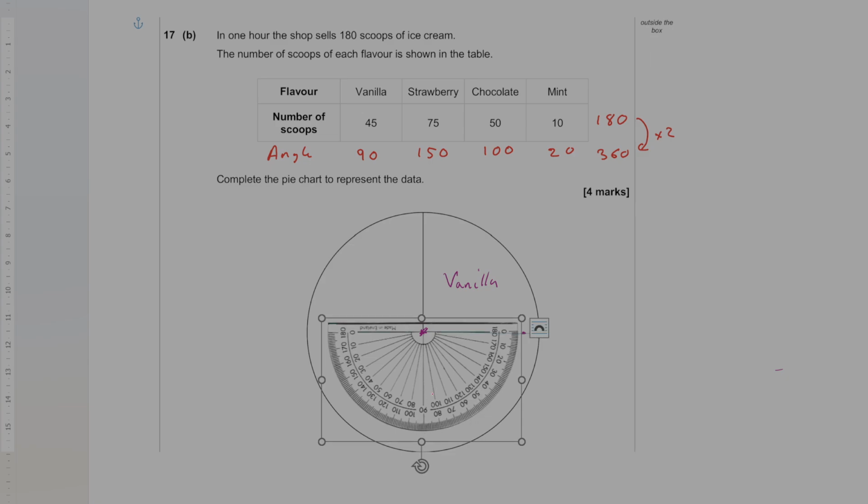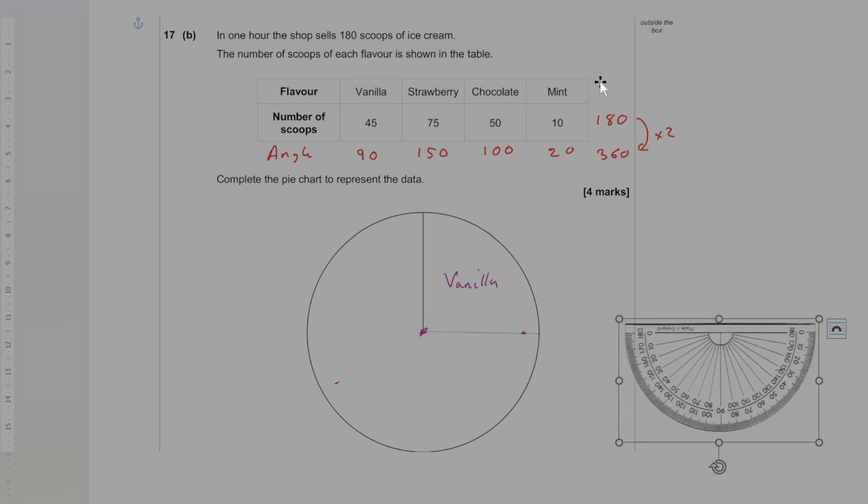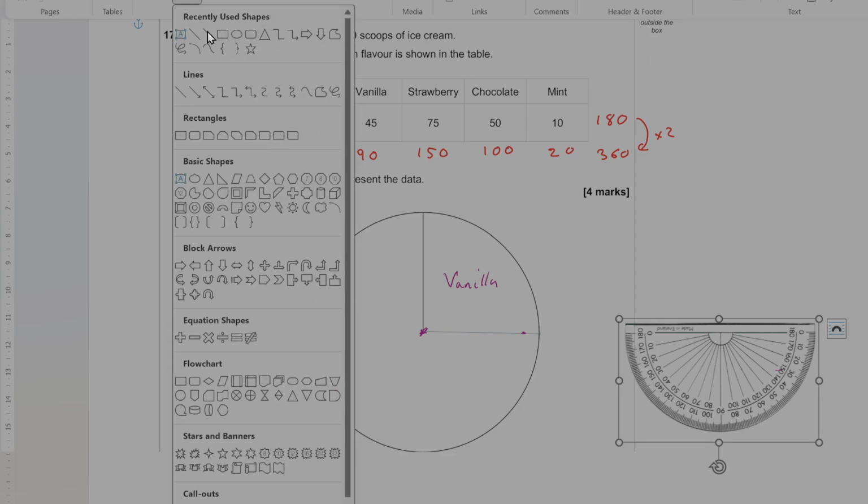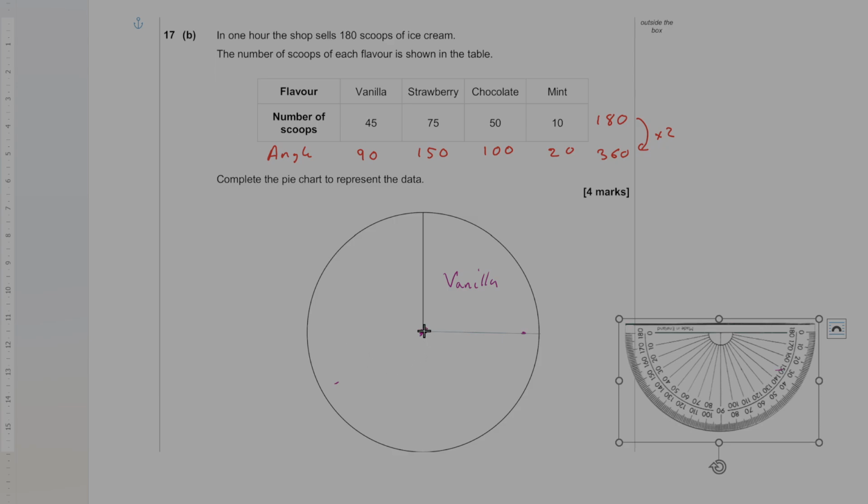Then I'm measuring 150, so I'm making sure I start at 0. 150 is going to be around here, so put a little dot again. Take my protractor off, and then another straight line from the center of the pie chart through that dash. And that's my next section, which was strawberry.